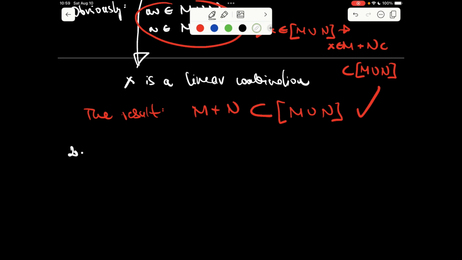In the second step, we have a different strategy. We will do the exact opposite of the previous step.